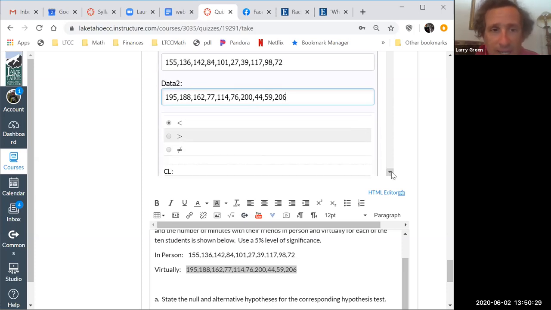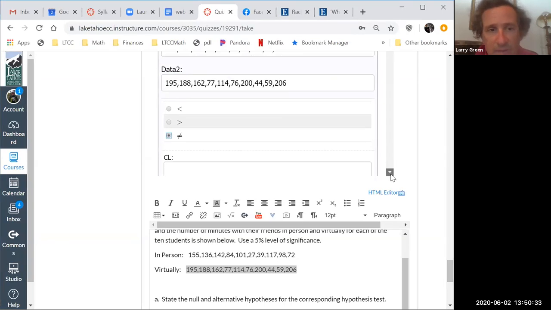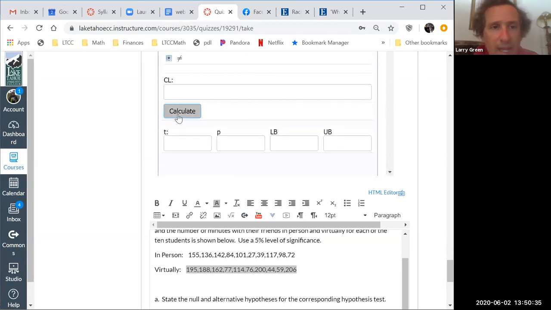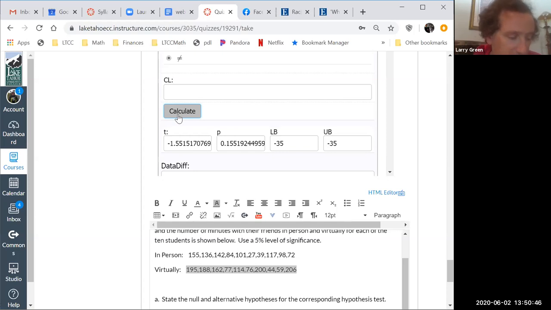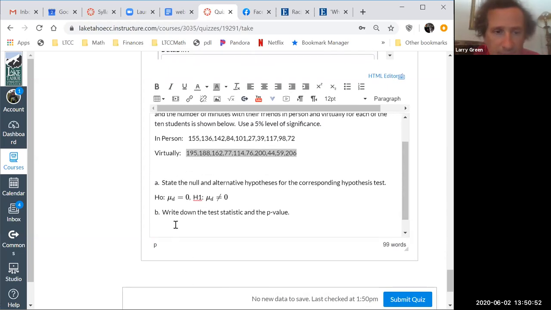Okay, and in our tails, we're going to have a not equal to. And let's calculate. There's our test statistic, negative 1.55, and the p-value is 0.1516. So let's write that out.